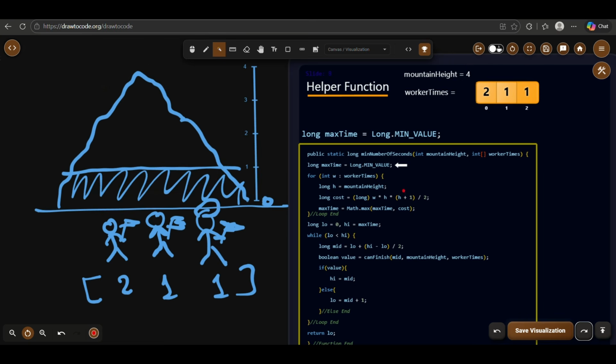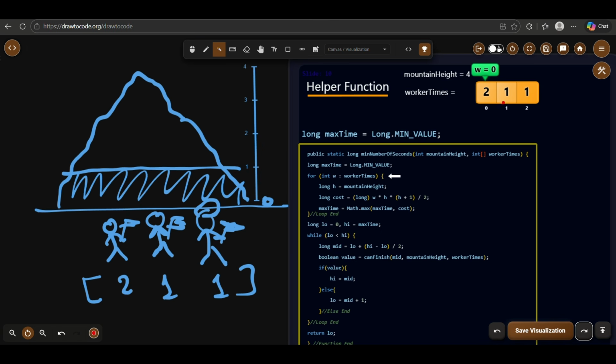Now we will move to the next variable, time. It is for comparing with the maximum time. By default we have stored the minimum value.